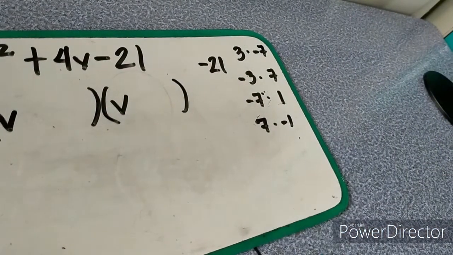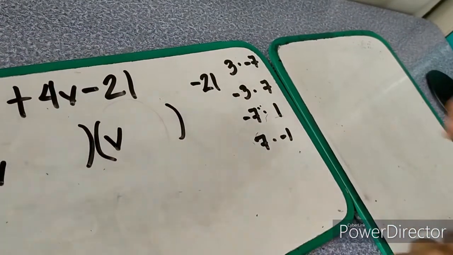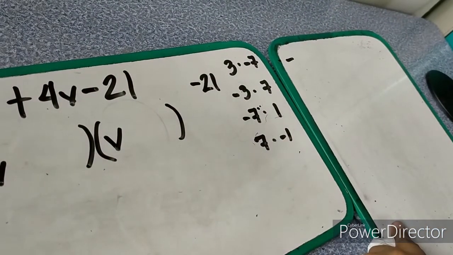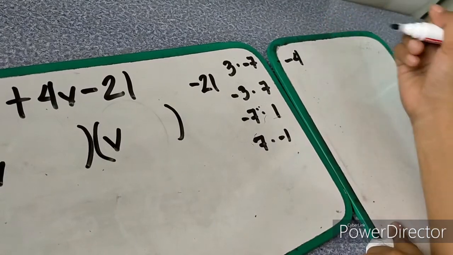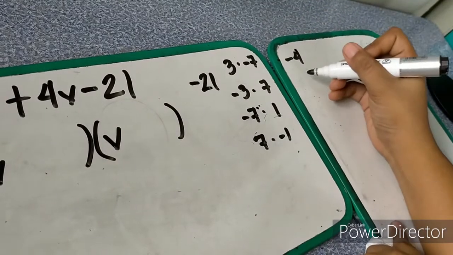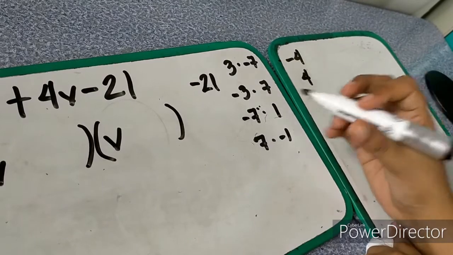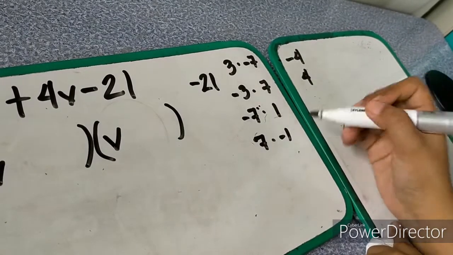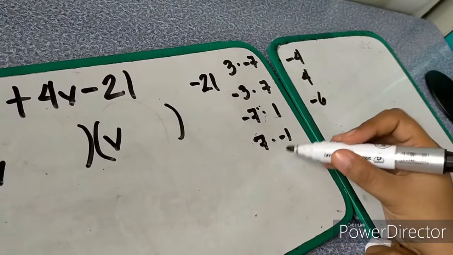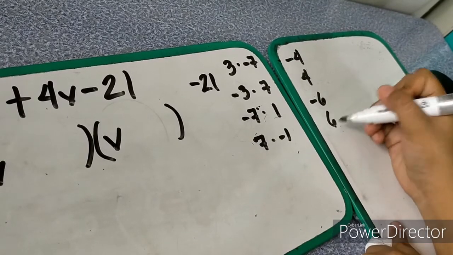Now, to choose among the factors, let's try to combine or add. 3 plus negative 7, it is negative 4, correct? Negative 3 plus 7, it is positive 4, correct? Negative 7 plus 1, it is negative 6, correct? 7 plus negative 1, it is positive 6, correct?